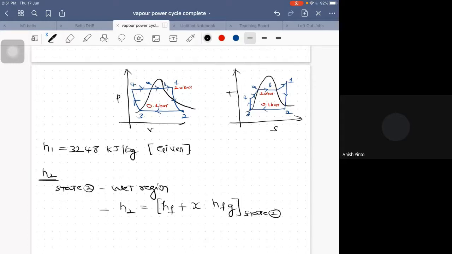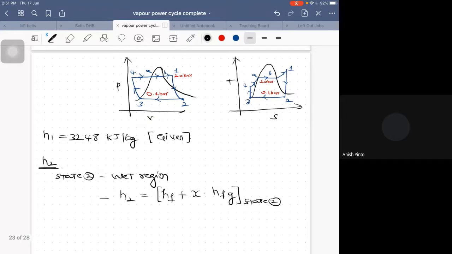Now, can I get the value of HF and HFG from the steam tables? Yes. Okay, so now state 2 is at the pressure of how much? 0.1 bar.